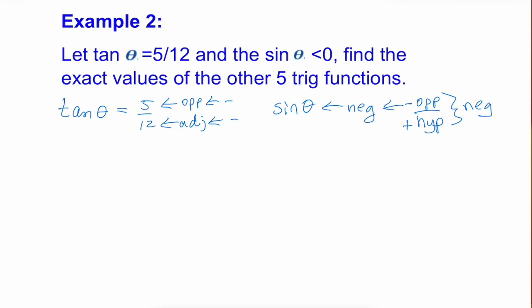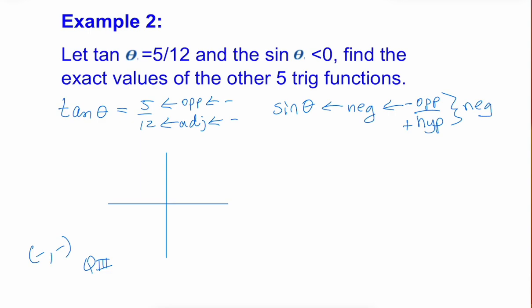Now let's go even further into this thinking. Remember the quadrants. Quadrant 3 has an x that is negative and a y that is negative. So the only place where the tangent will be a positive thing, because we need an opposite and adjacent to cancel out the negatives, will be in that quadrant.